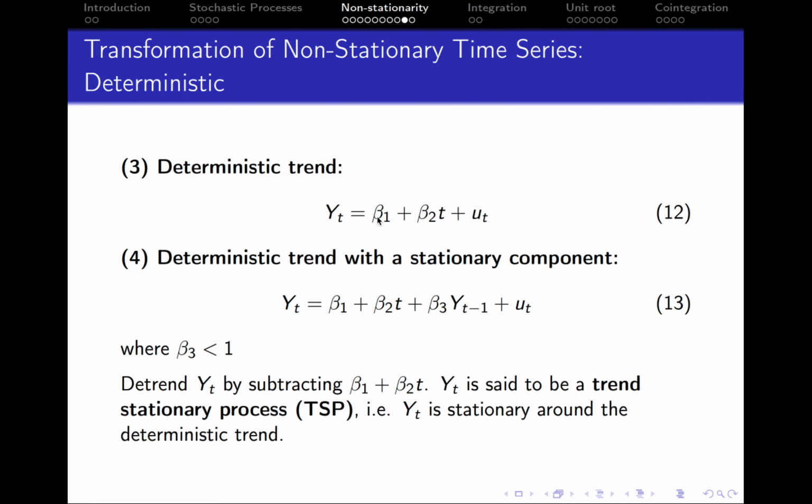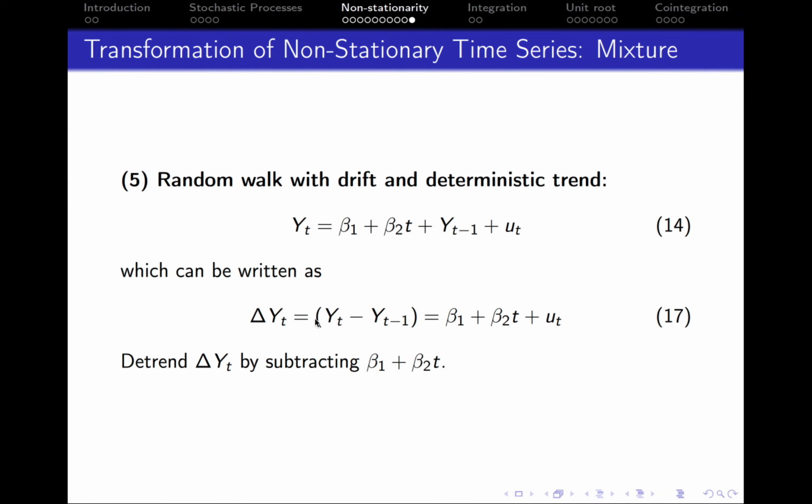So in a sense, we take beta 1 plus beta 2t and we move it to the left. And in this case, yt is said to be a trend-stationary process because it becomes stationary around the deterministic trend. So when we subtract the trend from the variable, we get a trend-stationary process, and we say that the variable is stationary around the deterministic trend.